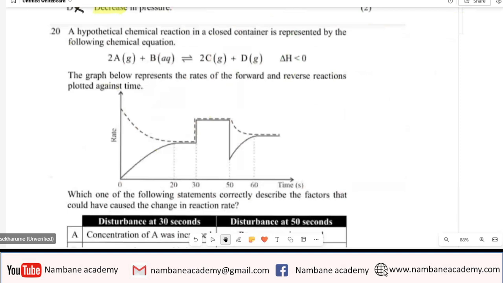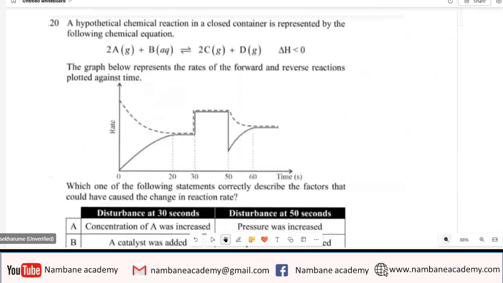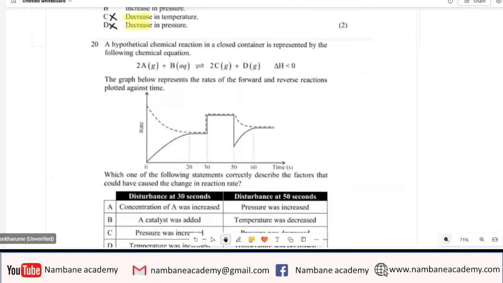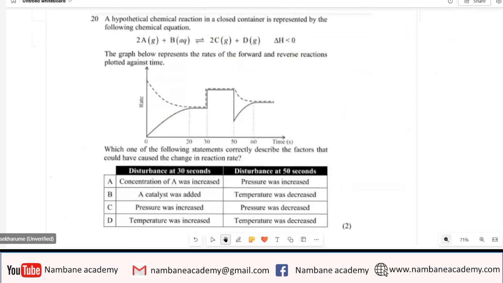This one, 20. A hypothetical chemical reaction in a closed container is represented by the following chemical equation. Our delta H is less than 0. The graph below represents the rate of the forward and the reverse reaction plotted against time.